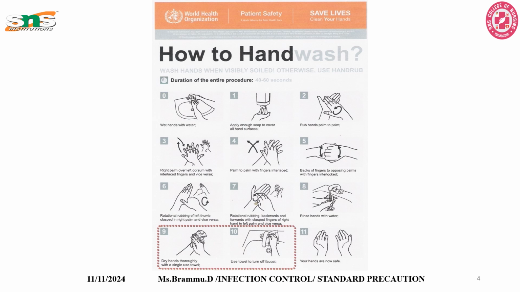These are the guidelines given by the WHO: wetting the hands, then applying the solution, then rubbing palm to palm, then the right palm over the left palm and the left palm over the right palm with interlocking, and then the interlacing, that is using the fingers opposing the hands, then rubbing the back of the thumb as well as the other thumb vice versa, then doing the fingertips and then rinsing with water.